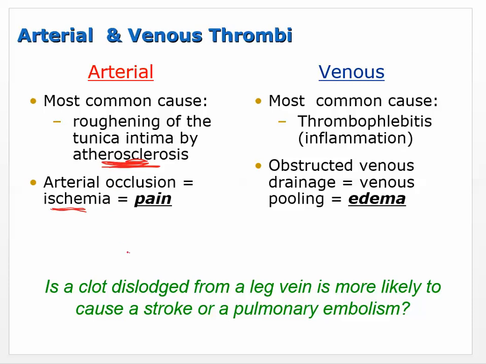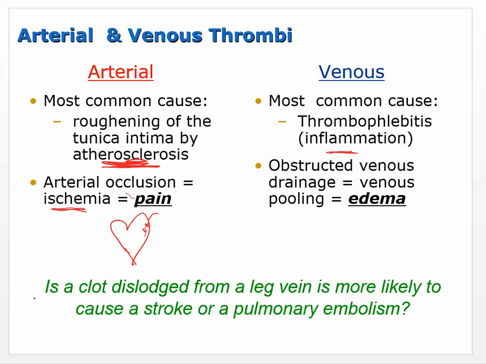Angina, we're usually talking about pain in the chest, and so if you have a thrombus that causes a partial blockage, then you may experience pain. Venous, most common cause is thrombophlebitis or an inflammation, and you have obstructed venous draining. Okay, and then you have pooling, which is going to lead to usually lower extremity edema.